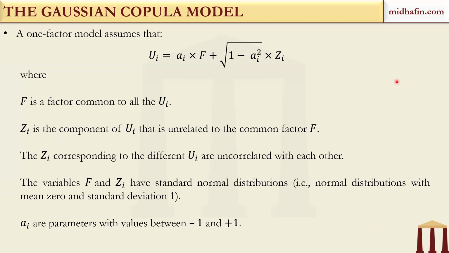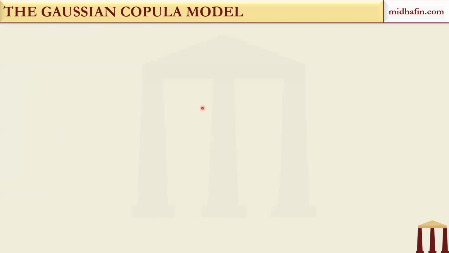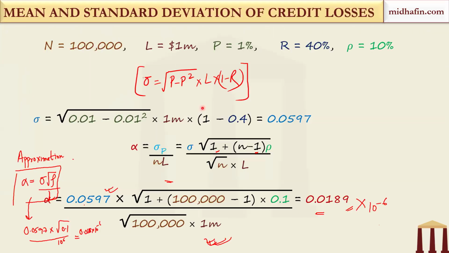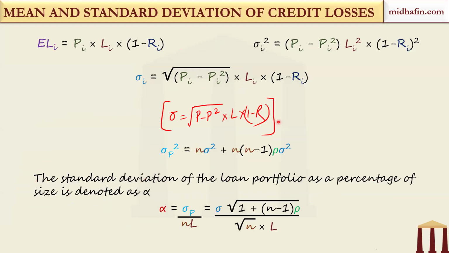Lucky is asking, what does alpha signify? Lucky, which alpha? The alpha in the previous example that we were doing? This is just a parameter which is calculated: standard deviation as a percentage of the total portfolio size.